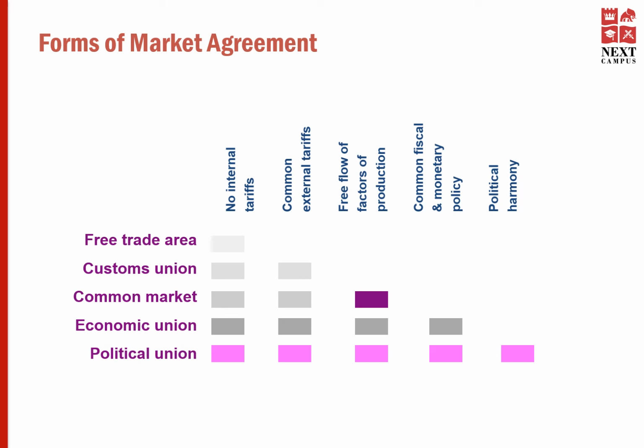Then the best kind of market agreement is the free trade area, where there are no internal tariffs, where you can transfer goods and services across the national boundaries without incurring any tariffs or taxation.